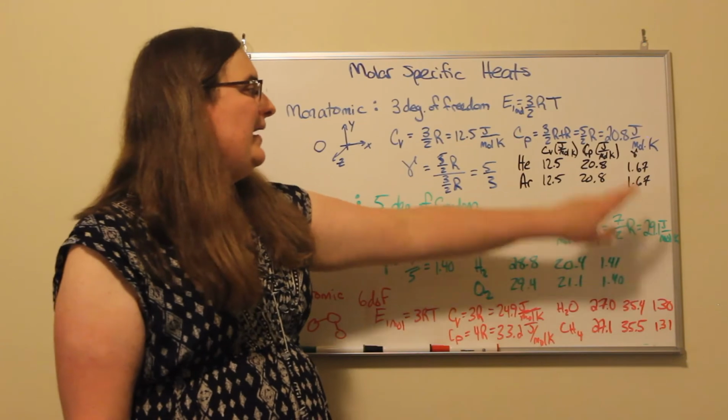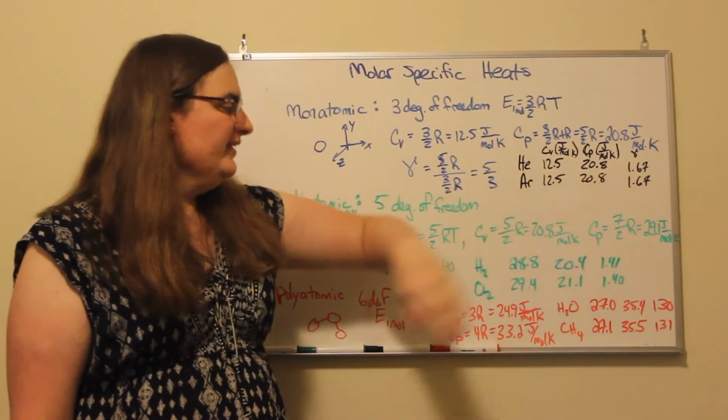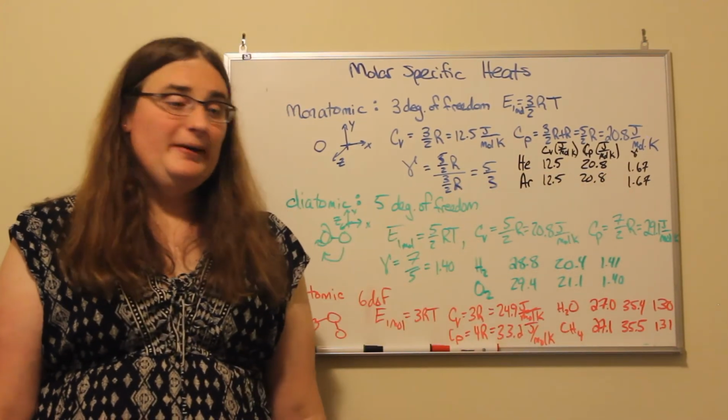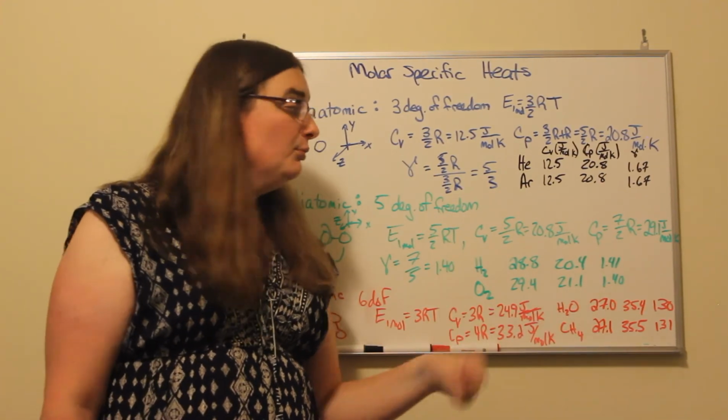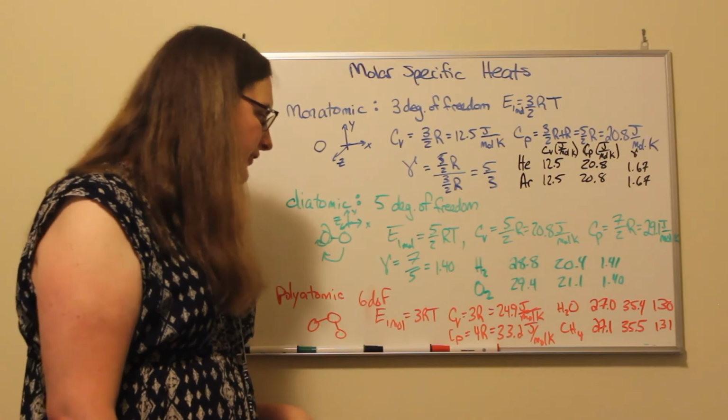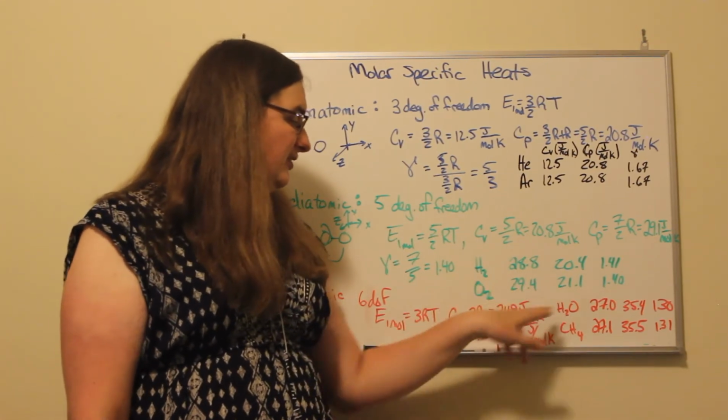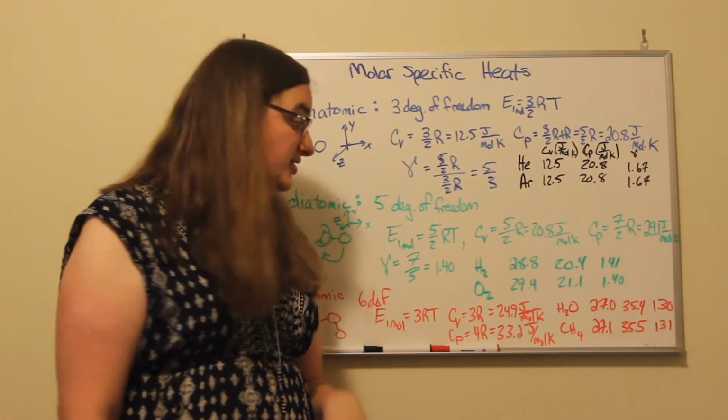So here I went back to the ordering up here. My constant volume heat capacity for water vapor is 27. For methane, it's 27.1 joules per mole Kelvin, which is significantly larger than the kinetic theory prediction.